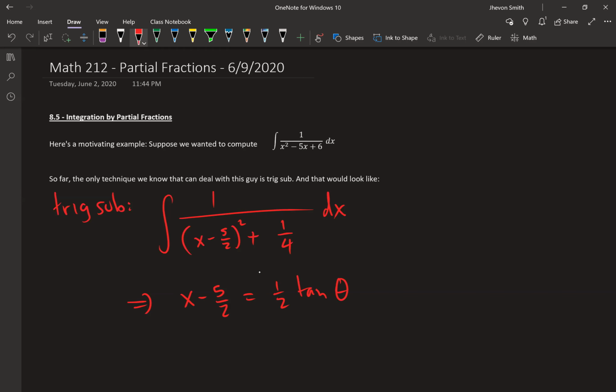Now, this already, as you can kind of tell, yuck, right? You have all these fractions all over the place. Yeah, it's doable, but I'd rather not do it. We don't want to actually go through that. We already see that trig substitution can get kind of tedious. It's not very nice.